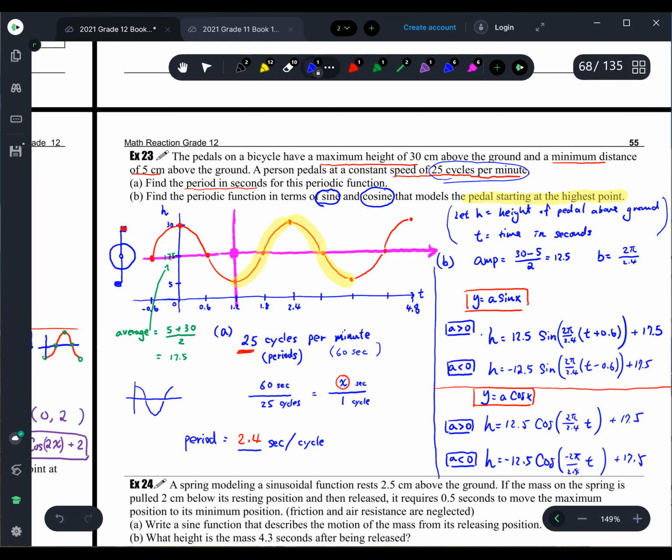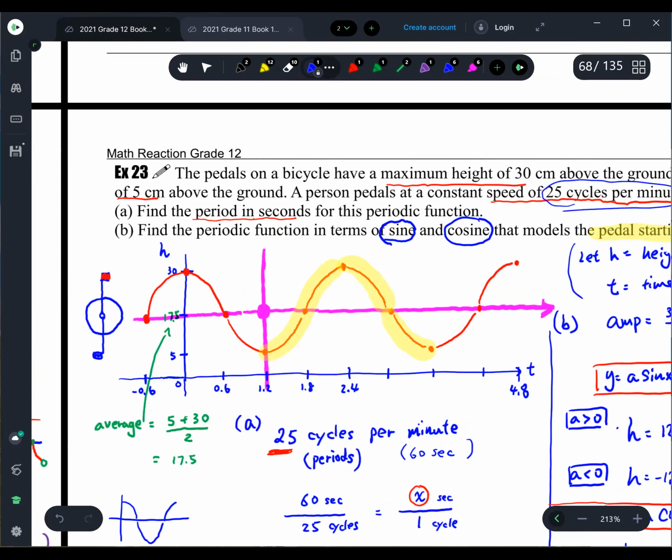Okay, is your origin the same place as you see right now on the screen? Origin is here, right? You see a yellow highlight? What's the coordinate for that? 1.2 and 17.5.